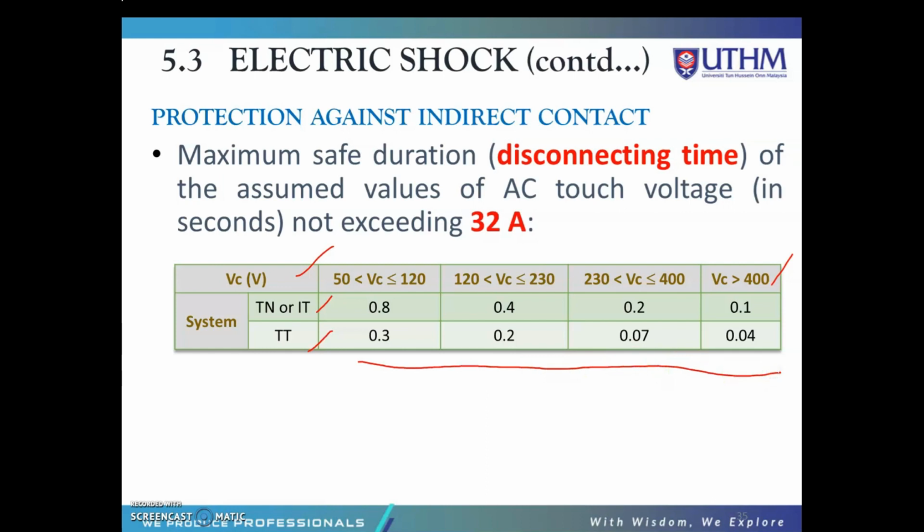For instance, for the earthing arrangement TN or IT, for a touch voltage range between 50 and 120 volts, the disconnecting time is 0.8 seconds.